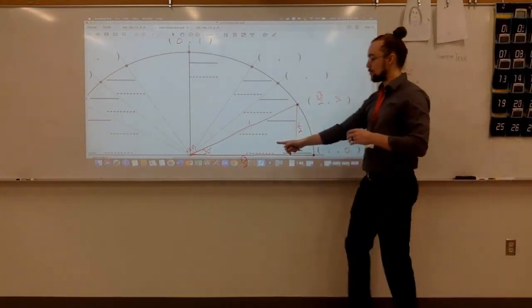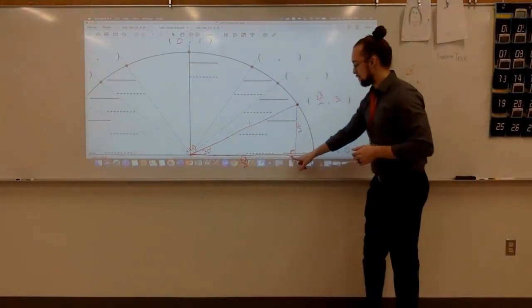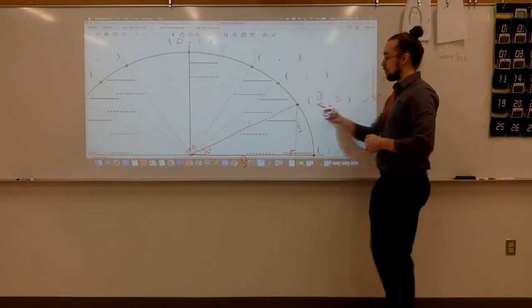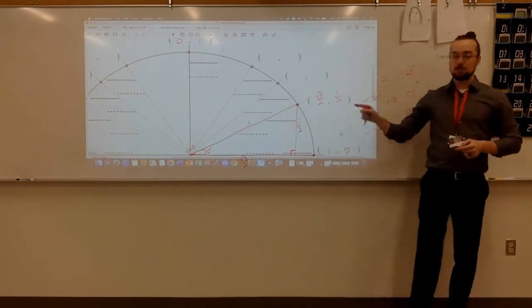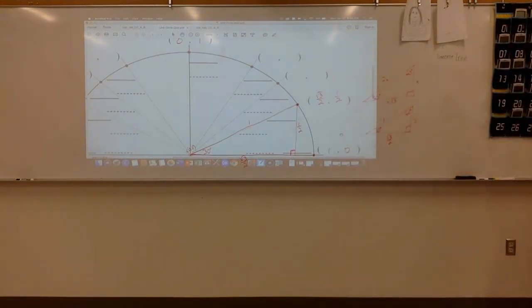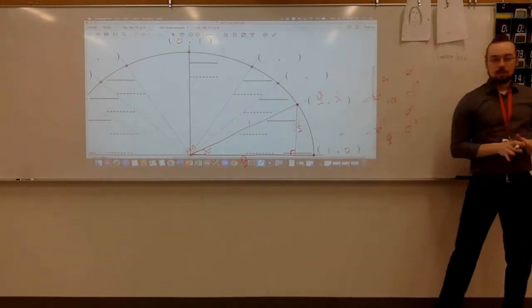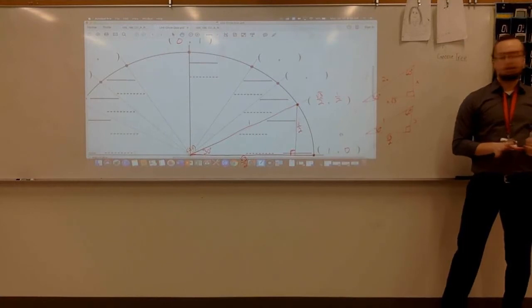From 0, 0, we're going a distance of the square root of 3 over 2, and then a distance of 1/2. So those are the coordinates of that point on the circle. You okay with that?